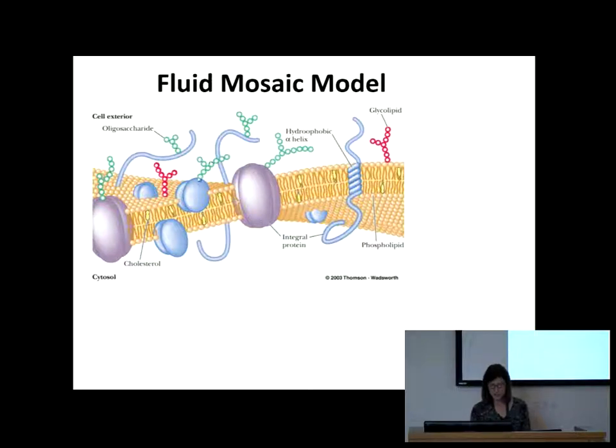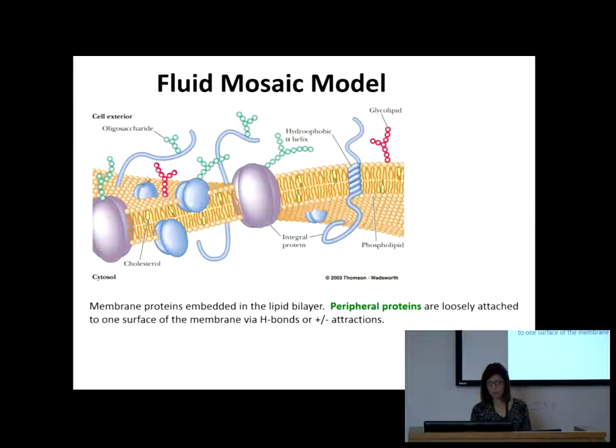These green things are going to be sugars. Here we have cholesterol, sort of put in different places to add that rigidity. Glycolipids to signal. So anytime you see sugar, you're going to think, oh, we're detecting what's in the environment. Look at that. Is that crazy?